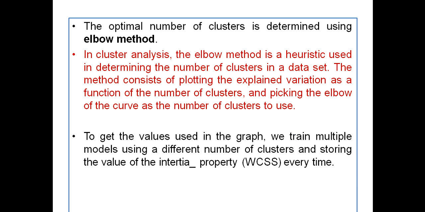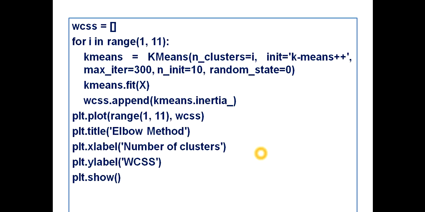So here also, with the elbow we try to find out the number of clusters from the curve. Well, to get the values used in the graph, we train multiple models using a different number of clusters and store the value of the inertia property, WCSS, every time. And for this, code will be used.